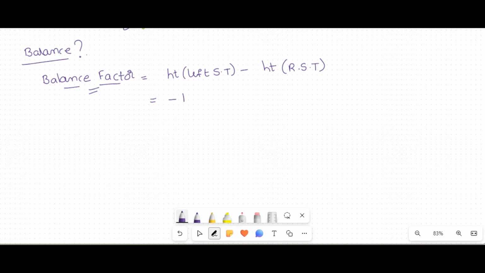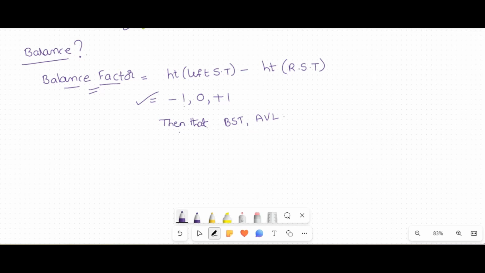If that is equal to -1, 0 or +1 for each and every node, then that binary search tree we can call an AVL tree.